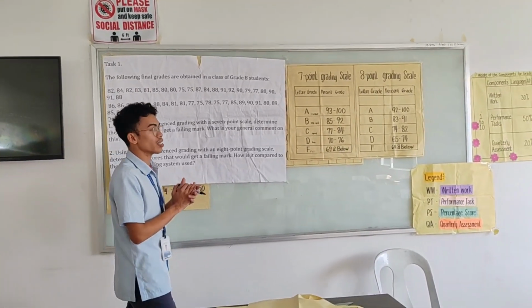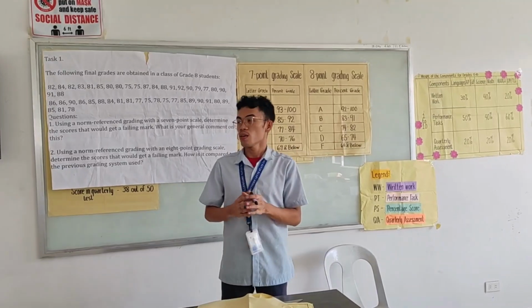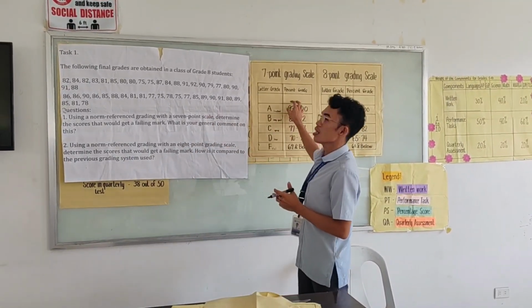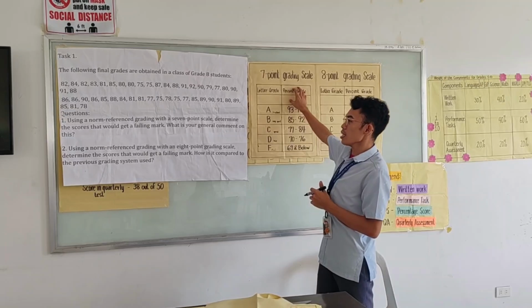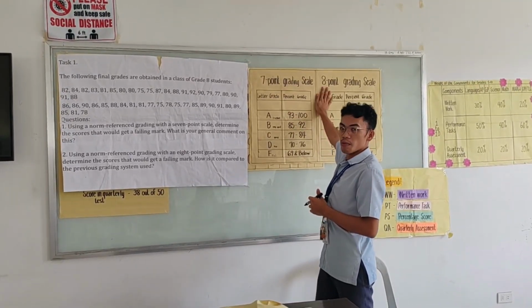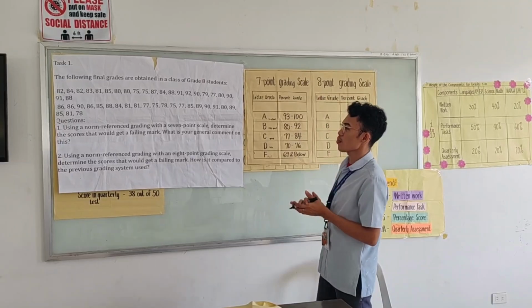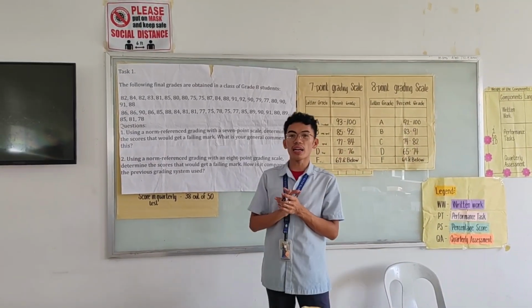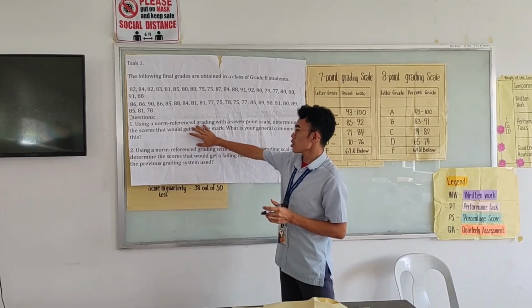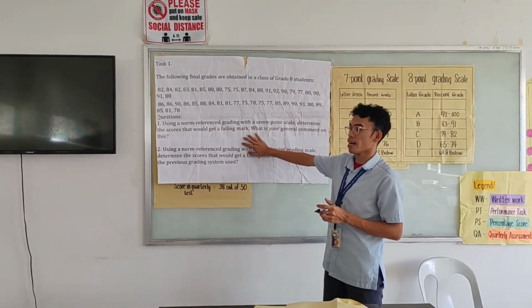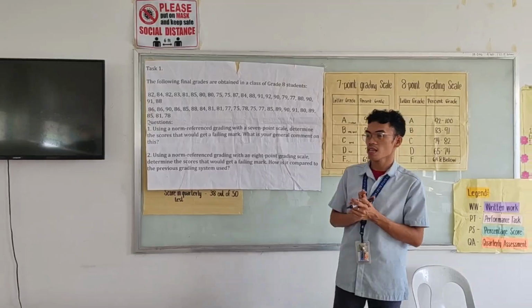Our task here is to determine which grades failed using both the norm-referenced grading scales, the 7-point and the 8-point. In number 1, using the 7-point scale, we determine the scores that get a failing mark and give a general comment on this.